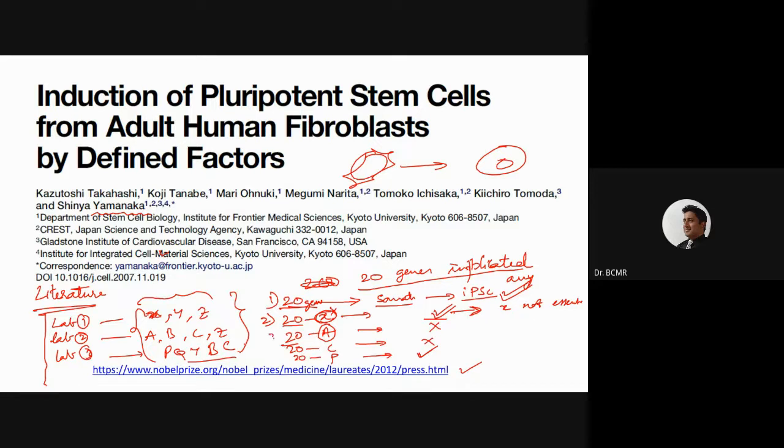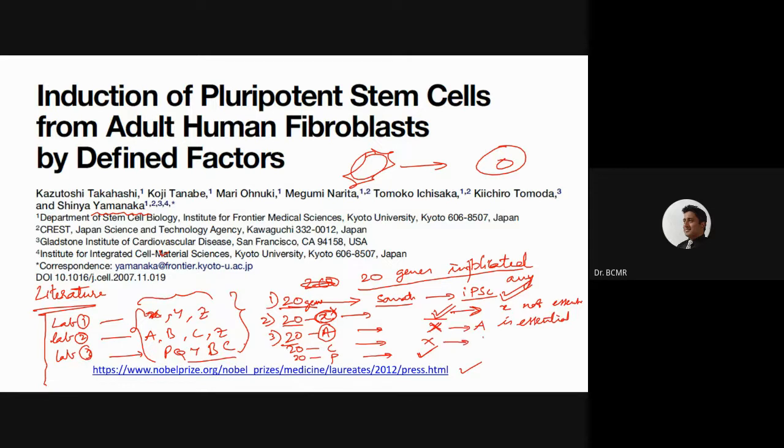Let's look at the third one, 20 minus A. They have given 19 and eliminated factor A, and there is no induction of pluripotency. What does that mean? It means A is essential for pluripotency.